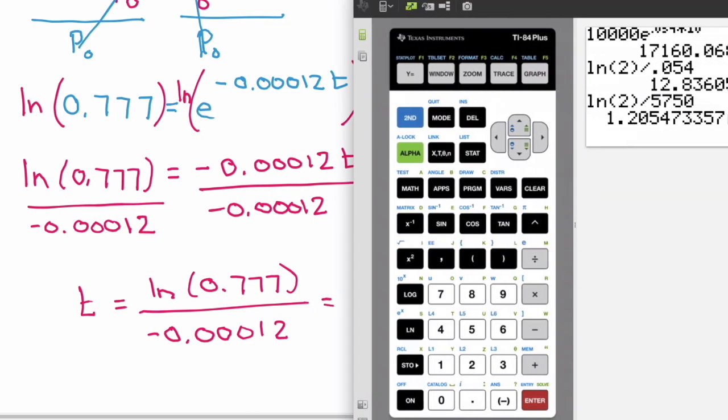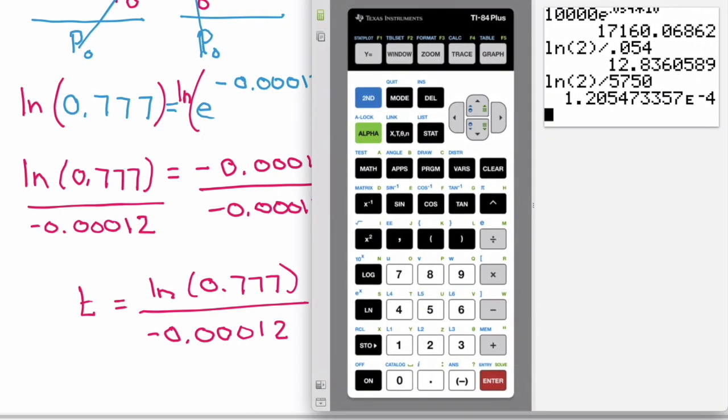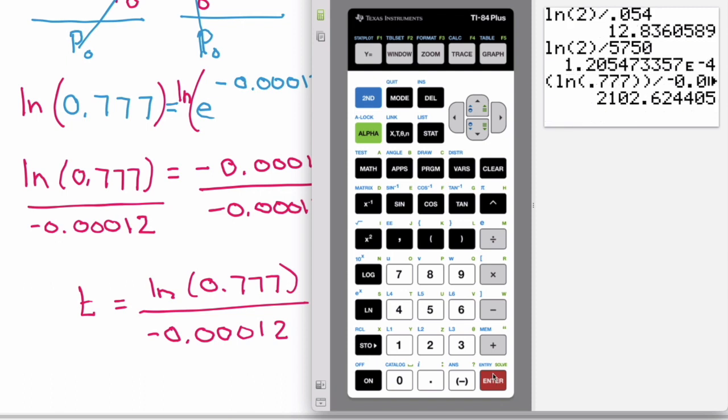Back to our trusty calculator. We need to find the natural log of 0.777 divided by negative, remember to use the negative symbol and not the minus sign, 0.00012, and we get 2,103.